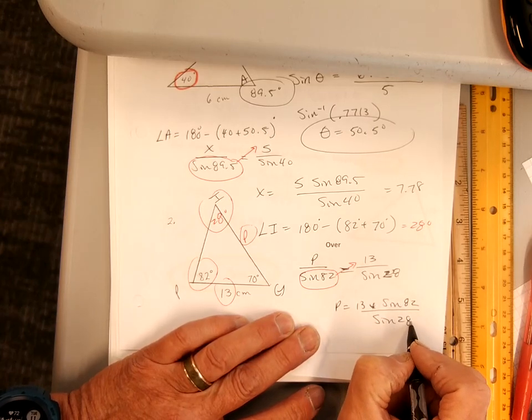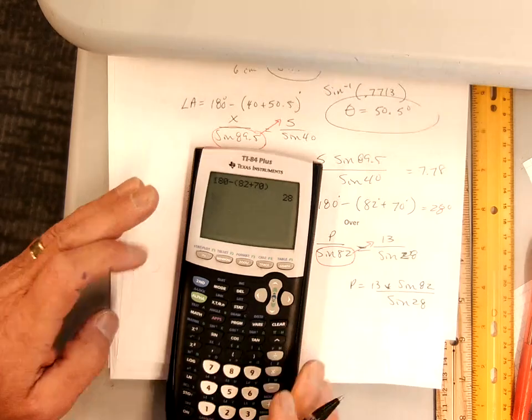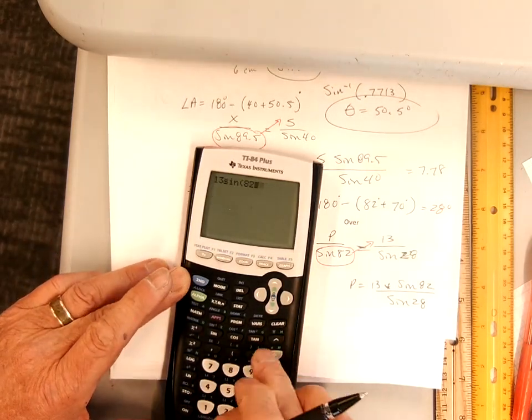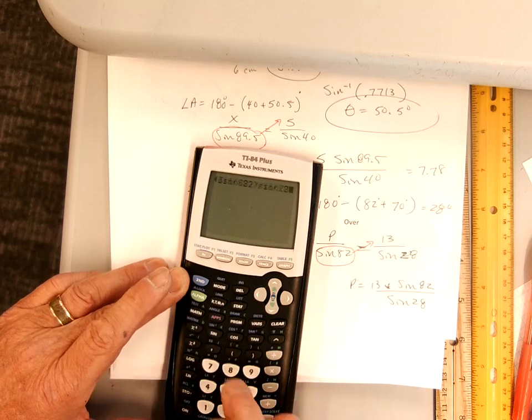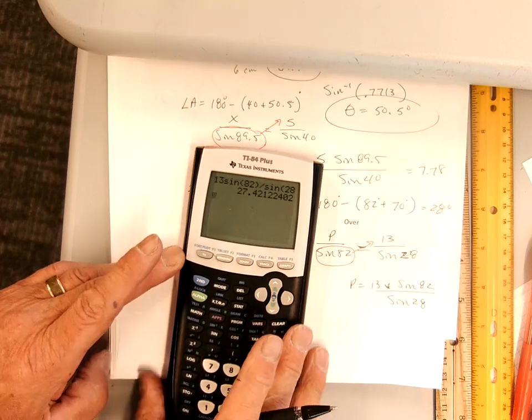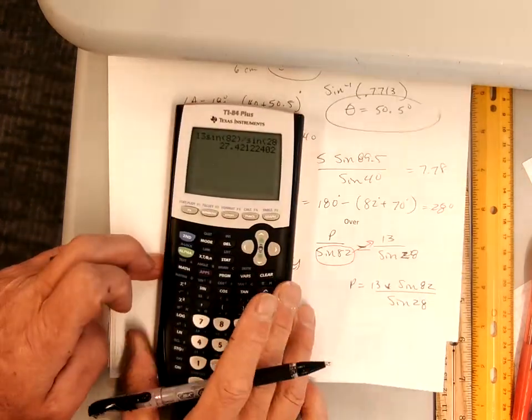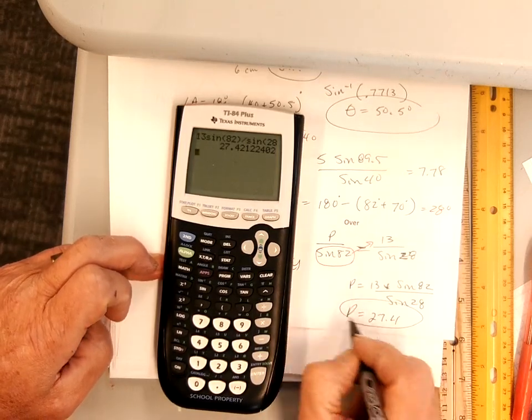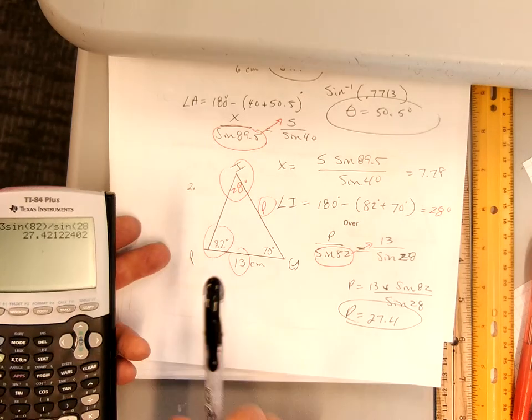I need my calculator, right? So I'm going to go 13 sine 82 divided by sine 28. 27.4. Put that in there.